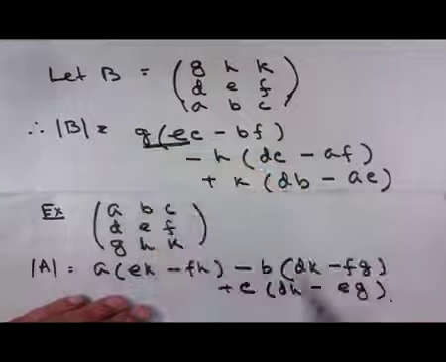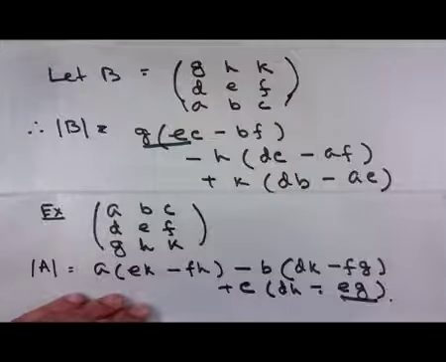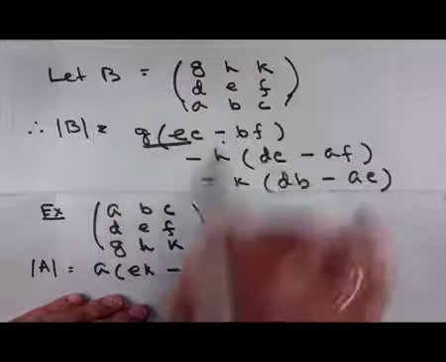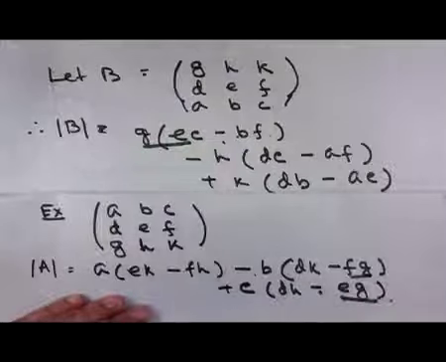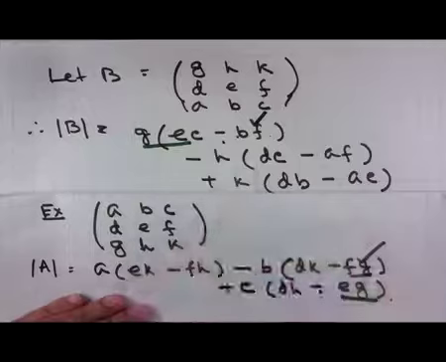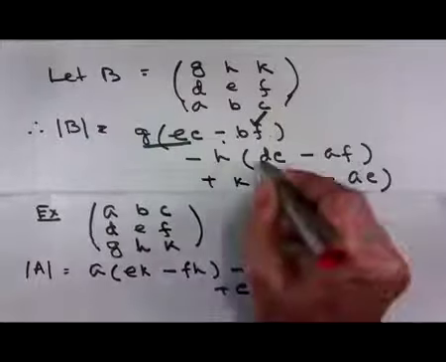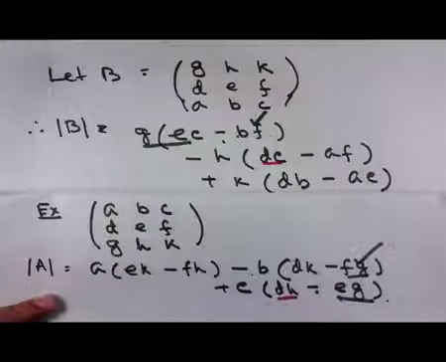G E C had a positive sign, here I get G E C with a negative sign. G B F comes with a negative sign, here I get G B F with a positive sign, because minus and minus becomes plus. H D C comes as a negative sign, here H D C comes with a positive sign.